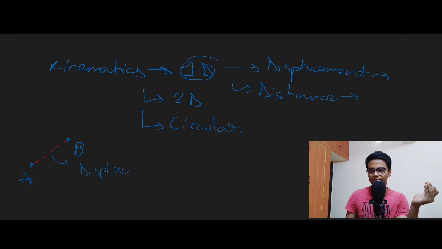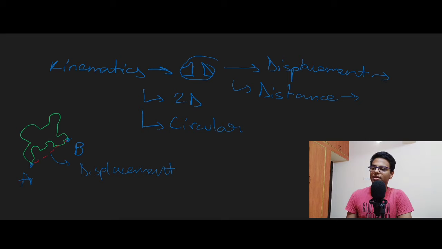So displacement is actually fixed while your distance can vary. What do I mean by distance can vary? Something interesting, right? Now we can go from point A to B like this, or we can go like this, or we can go like this, or we cannot go and wait for 4 to 5 days, and then we can go like this.